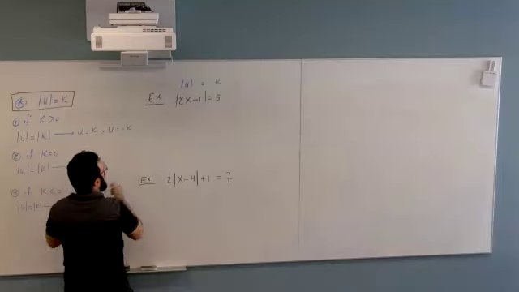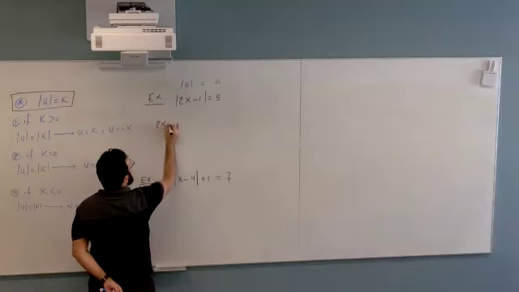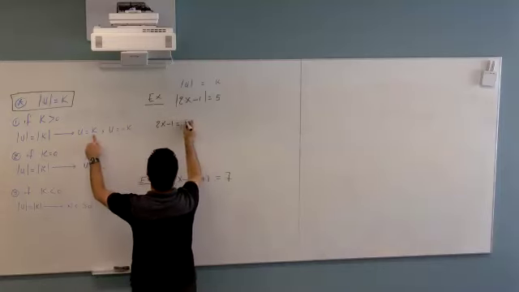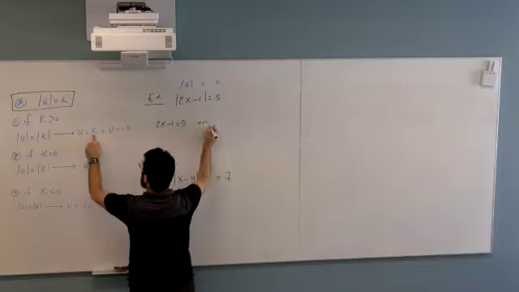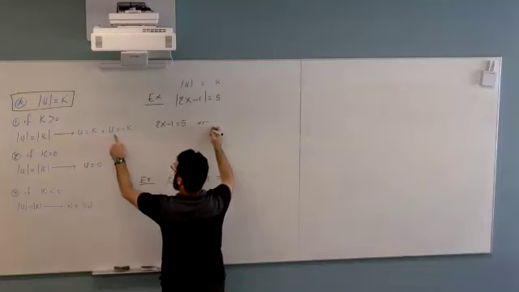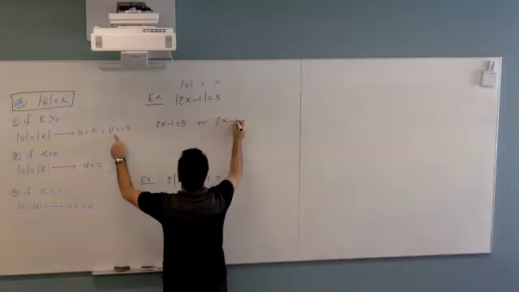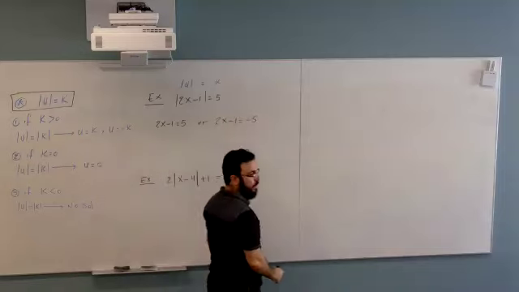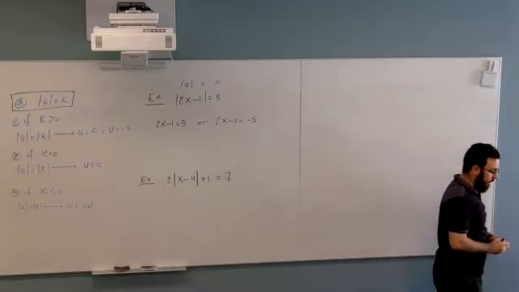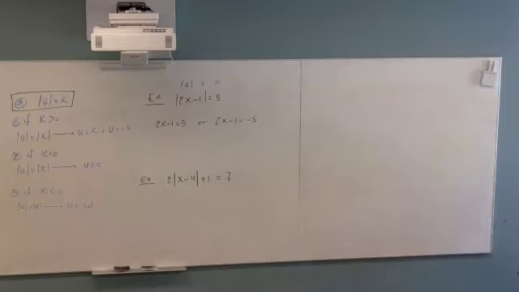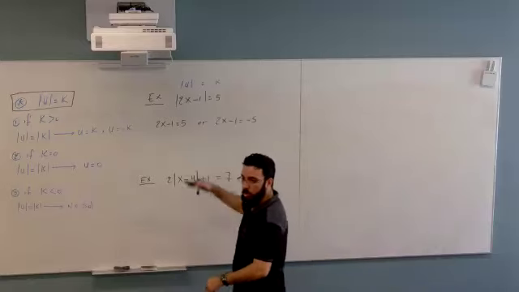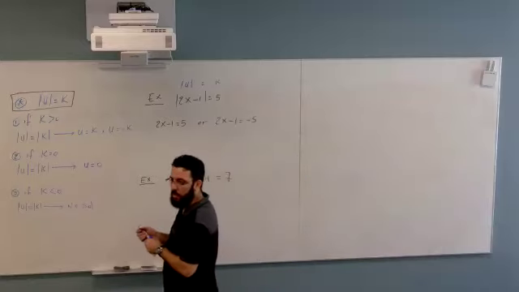2x minus 1. So that means 2x minus 1 equals k, which is positive, that means 5, or what else? 2x minus 1 equals what? Negative 5. Is that okay so far? Now just solve each one separately.